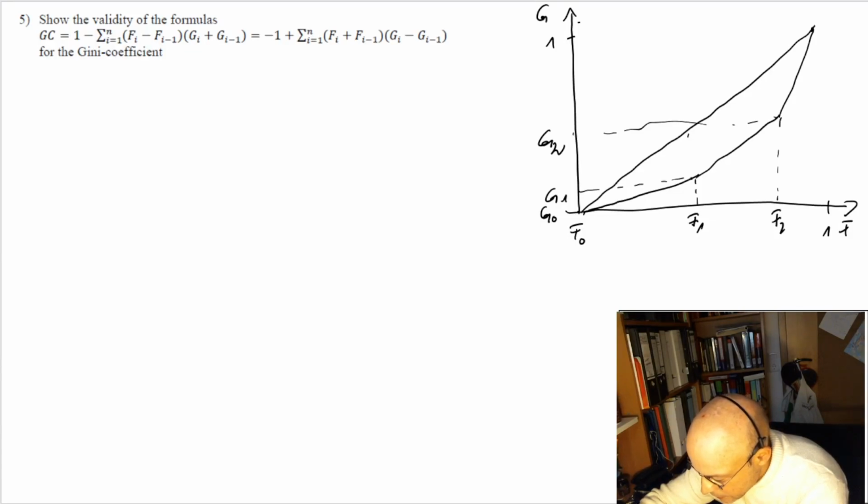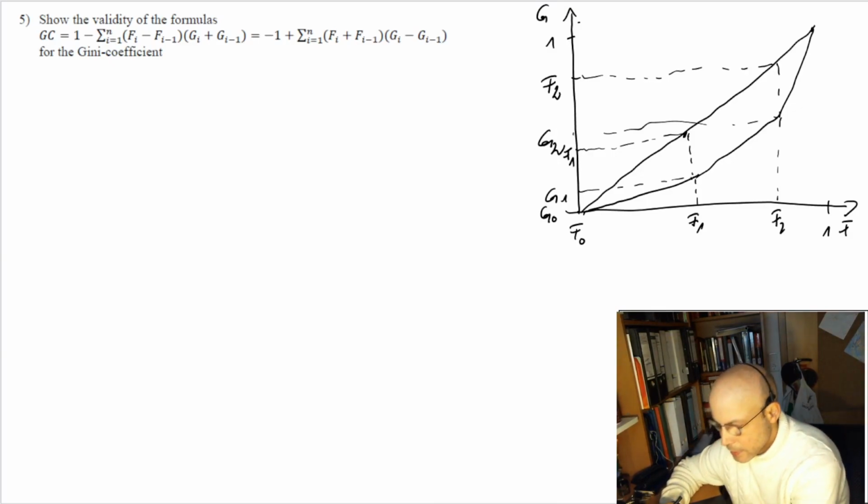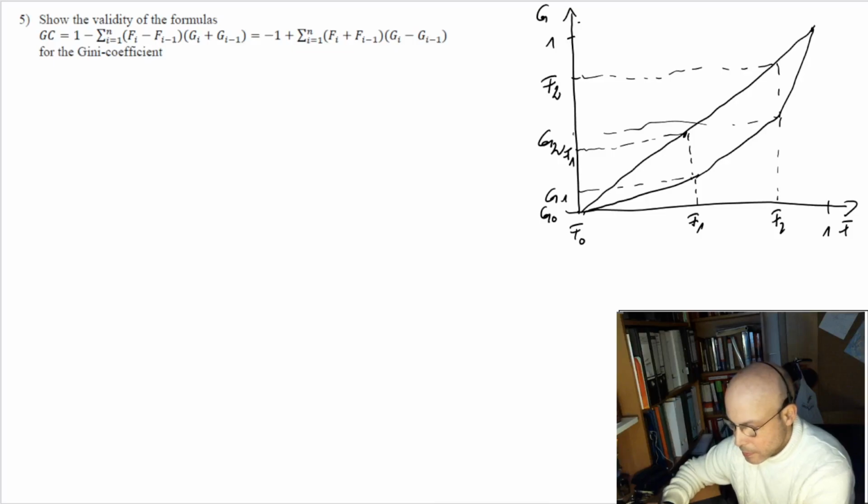And of course, if we put this here, this would also be F1, since this is the 45-degree line, and this one would also be F2. And what was the Gini?